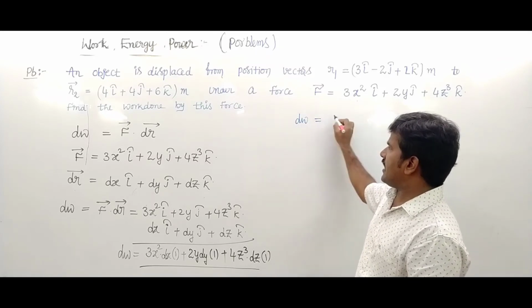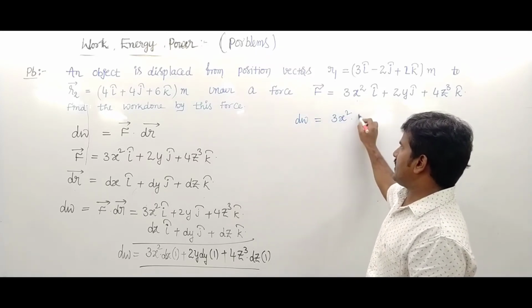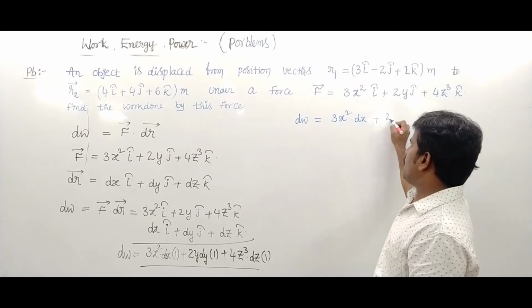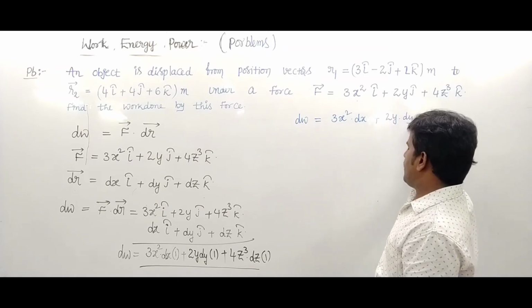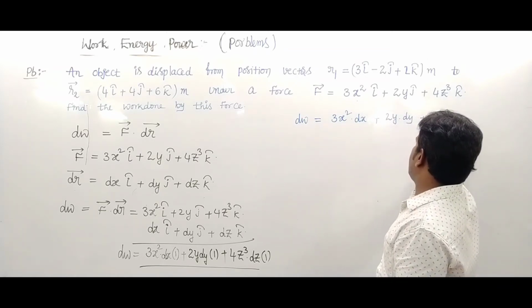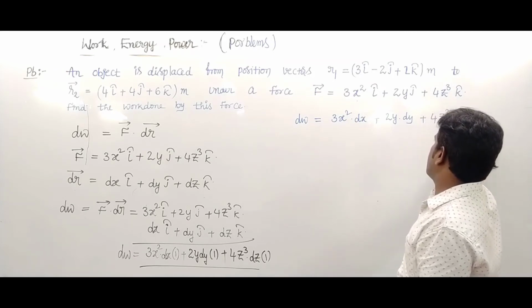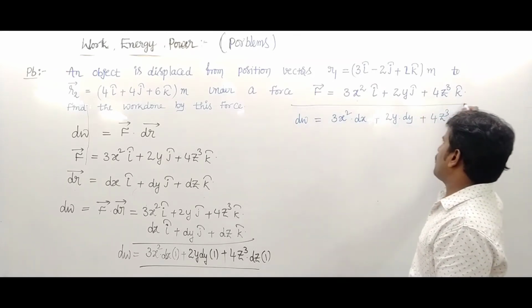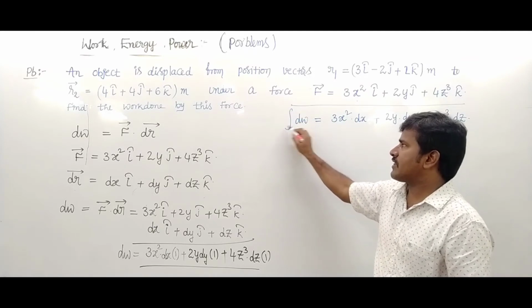dW is written as 3x² dx plus 2y dy plus 4z³ dz. So we integrate on both sides.